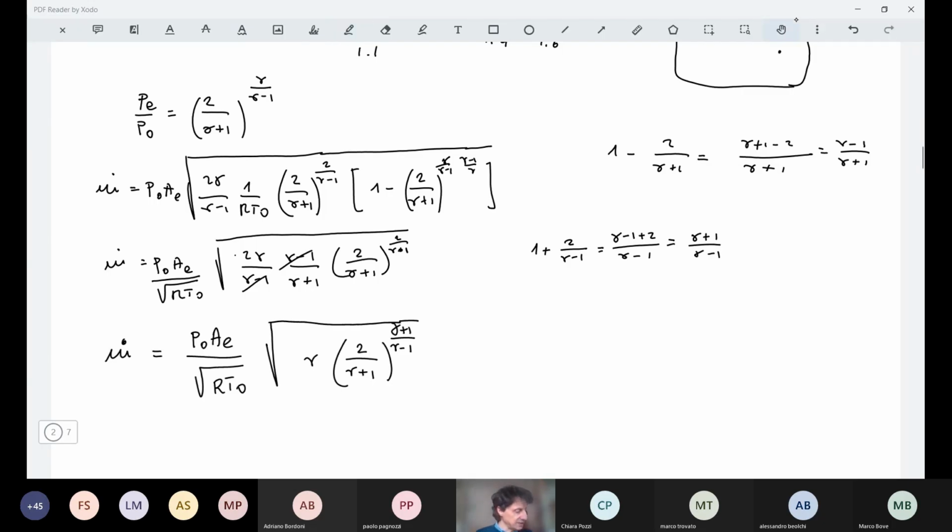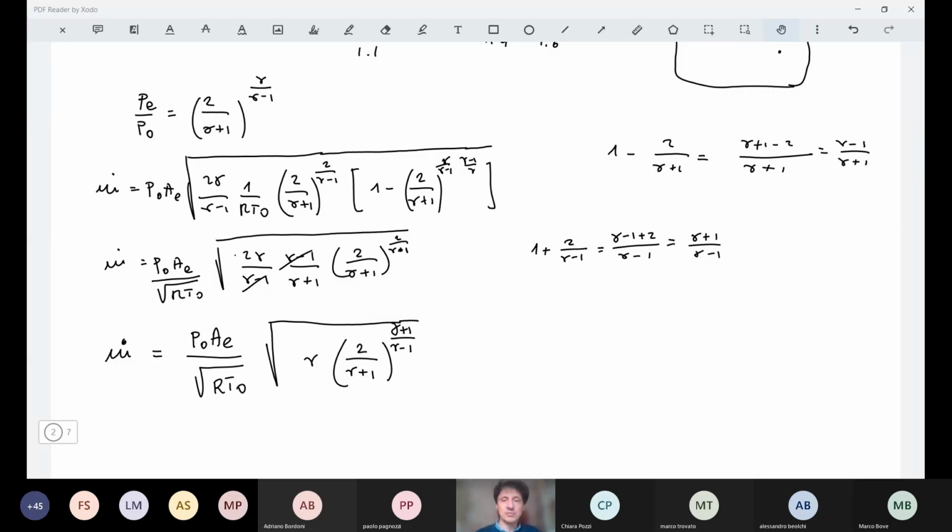So we have that our mass flow rate, maximum mass flow rate, is a function of the exit area, the total pressure, the total temperature, and of gamma.